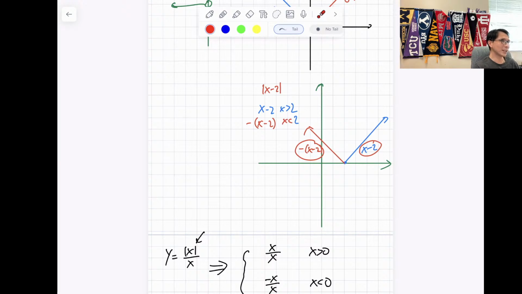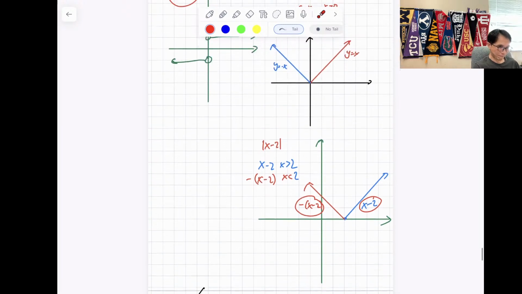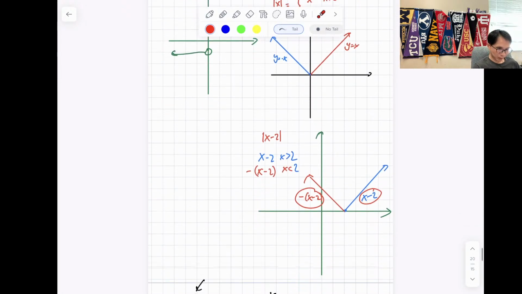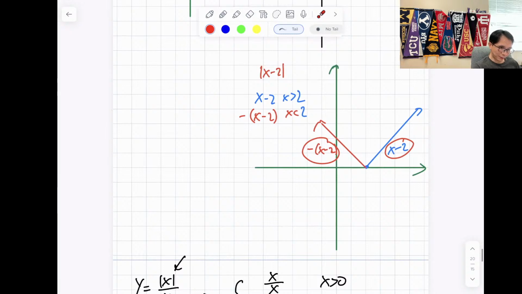It can, but I'd rather write it as negative x minus 2 because it's easier for you to cancel later if you need to cancel something. The graph of absolute value is going to be like this, and this part of the function is always the positive version of x minus 2. This part of the function is the negative version of x minus 2.